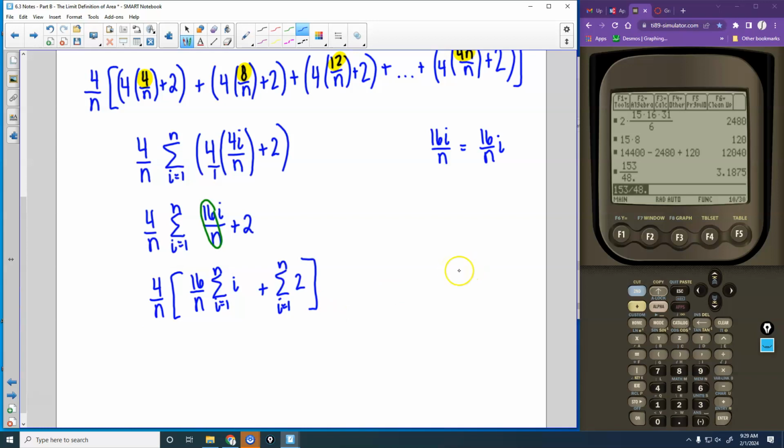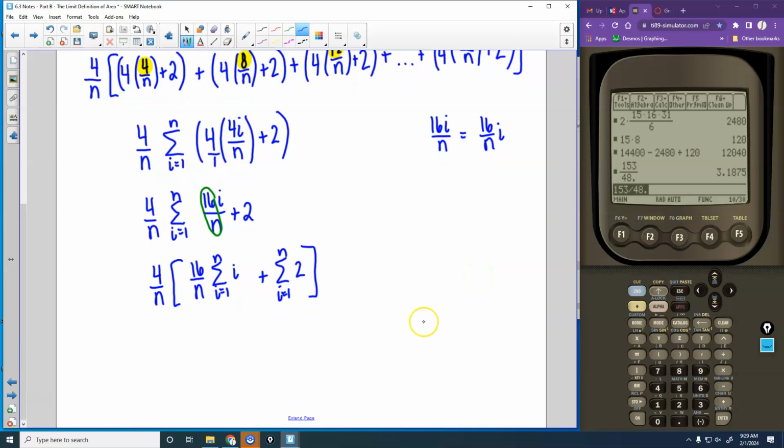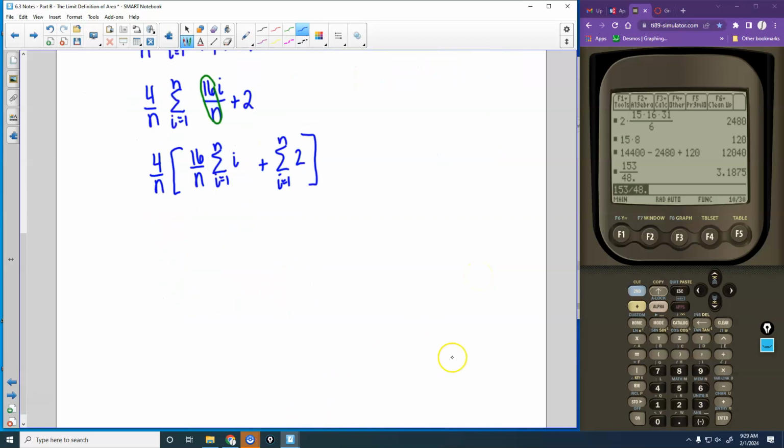Everybody okay here? All right, so I'm going to leave the 4 over n out here. I've got the sum from 1 to n of i, and the sum from 1 to n of an integer, and I have shortcut rules for those, which is why we've got these on the board, right?